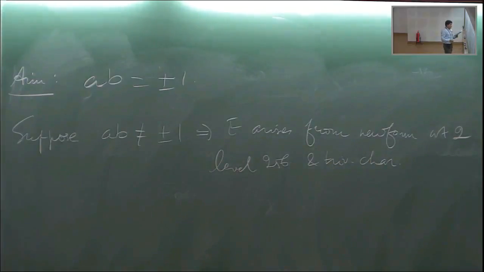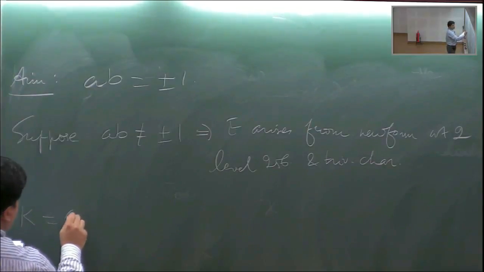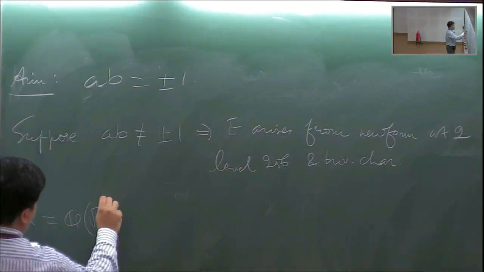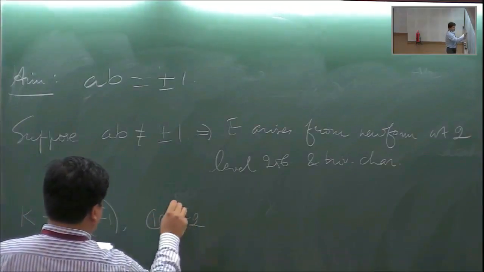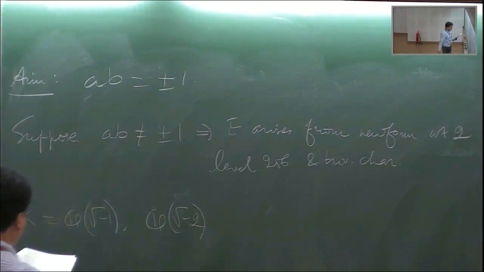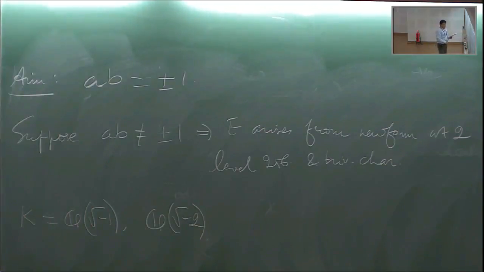Now what you have to do is look at these two fields, k equals Q square root of minus 1 and Q square root of minus 2. Then to each of these f chi i's, these are new forms, so they have associated Galois representations, rho f chi i.